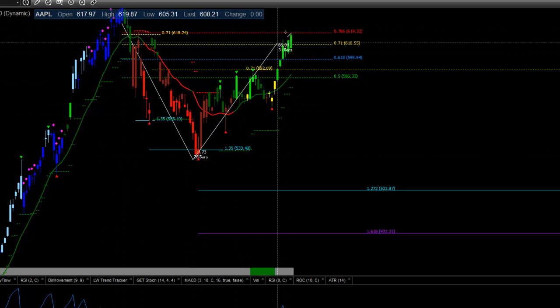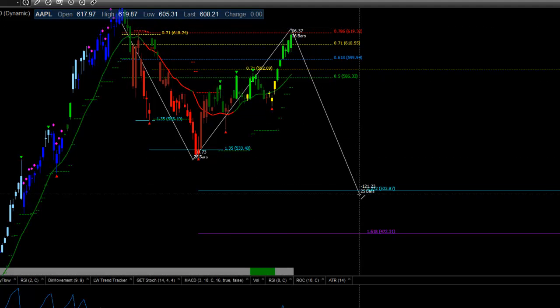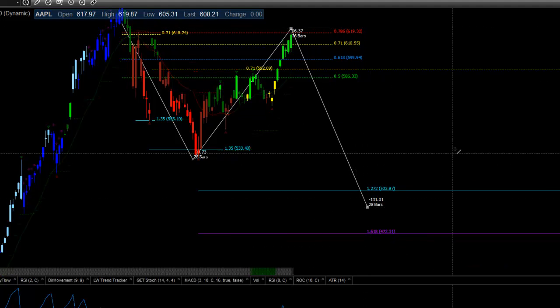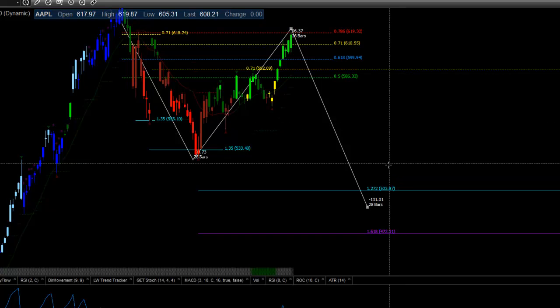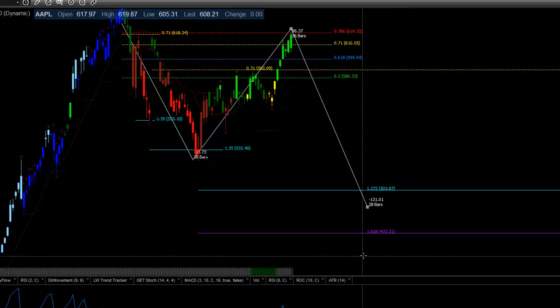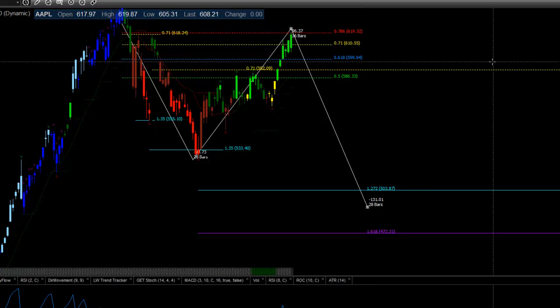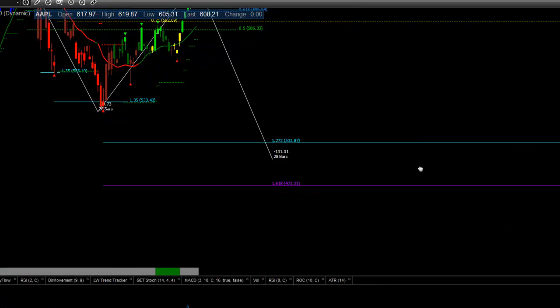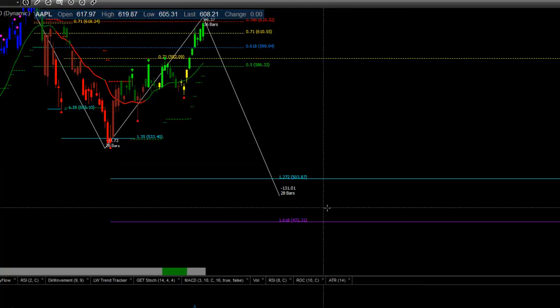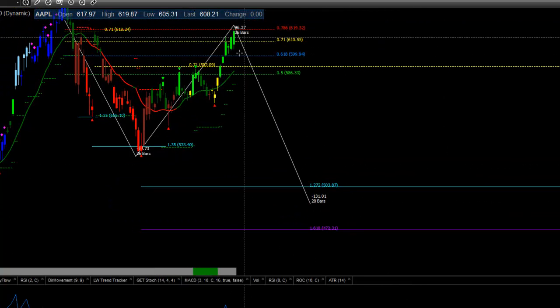A, B, C, and that would be perfectly normal on this daily chart. And that could be the bigger A on a weekly chart, and then a higher bigger B and a bigger C down to that $425 level. So we'll see what happens here on the chart.